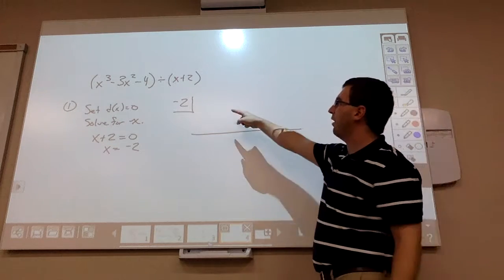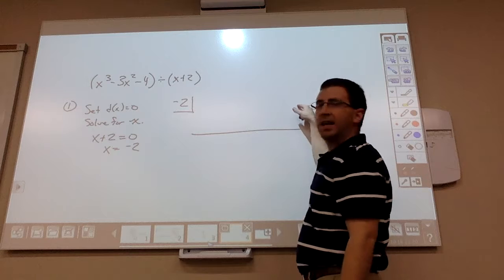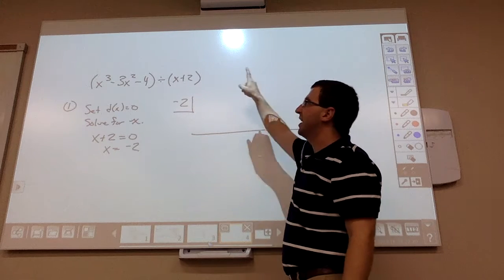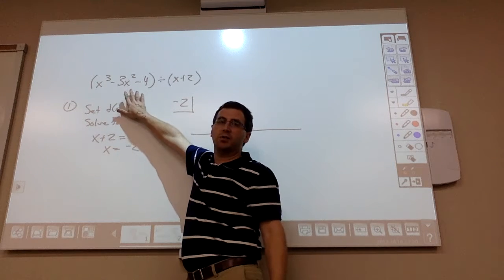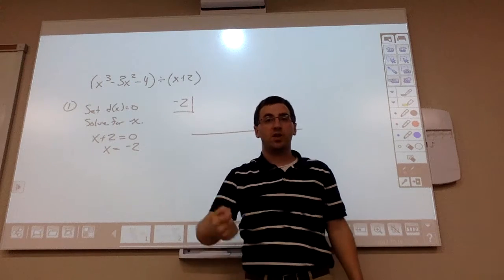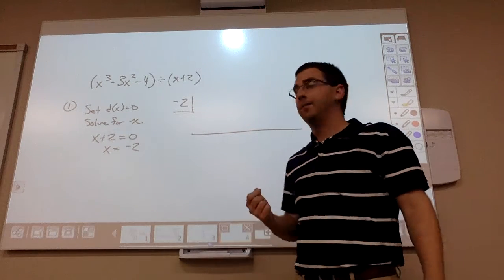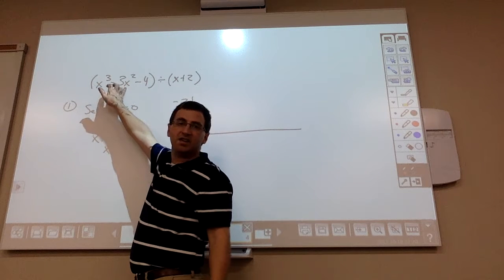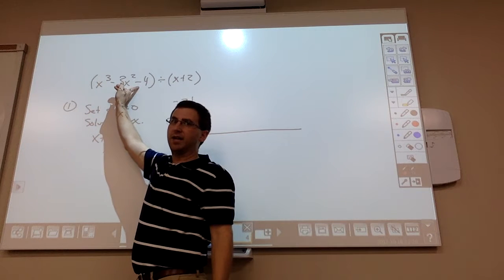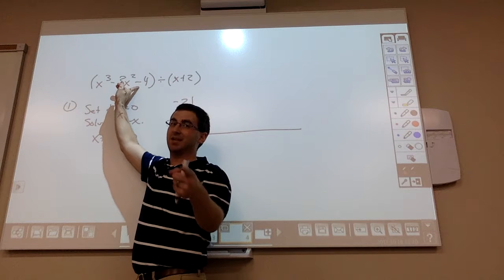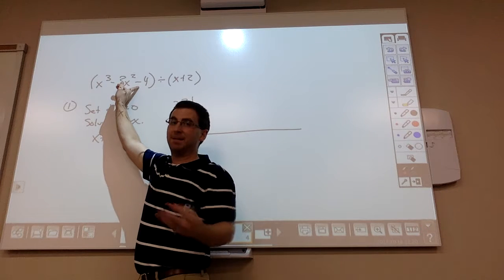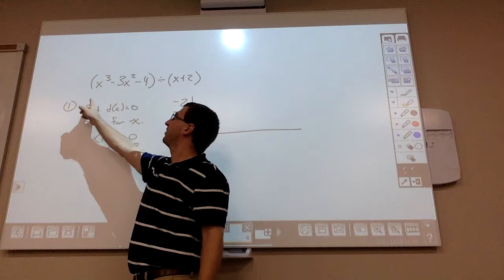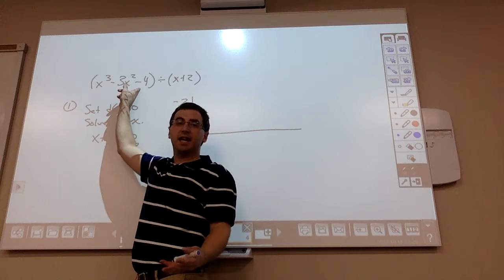Now, to figure out what numbers go on the top here, these numbers come from your polynomial, specifically the coefficients of the polynomial. All right? So we have an x cubed, we have an x squared, but wait a second, we don't have an x. See, that's what I told you on the last video. Missing pieces. We still have to fill in the missing gaps. And then we have the negative 4.